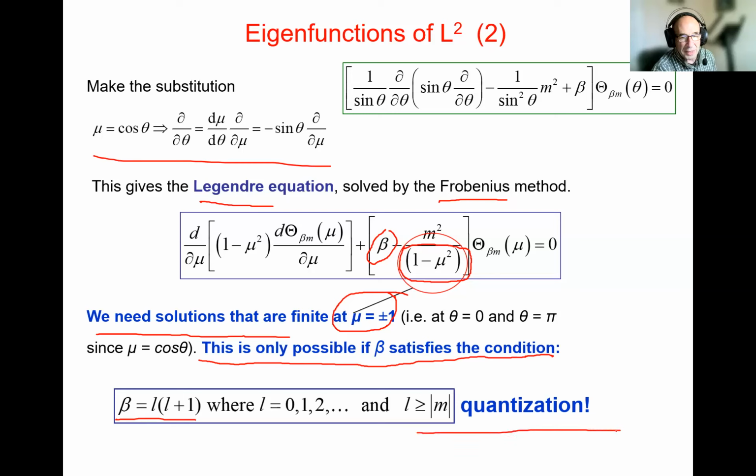In this case, the quantization of the eigenvalue beta comes from the requirement that our solutions are finite at mu equal to plus or minus 1. Basically, this is a mathematical requirement which allows us to get values which make physical sense, meaning real, finite values which can be compared with experimental results. And this is what comes out of solving this differential equation.